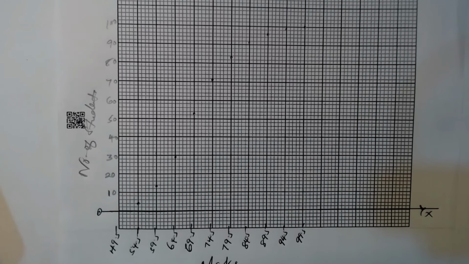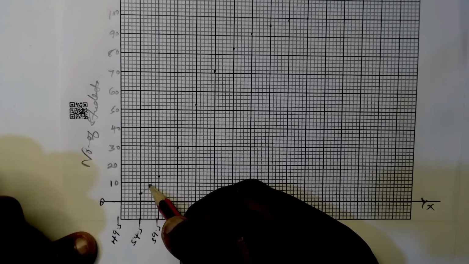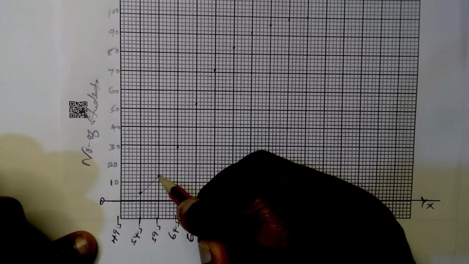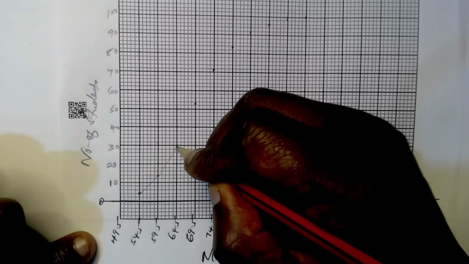So once you've done that, you simply join using a smooth curve. Join this one like this.